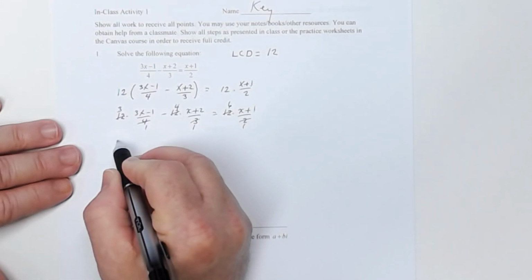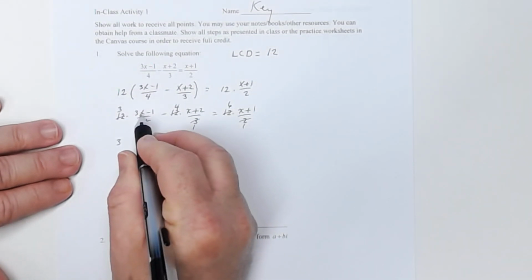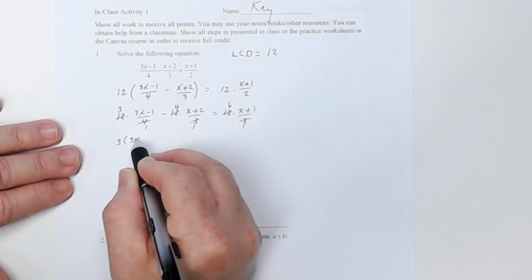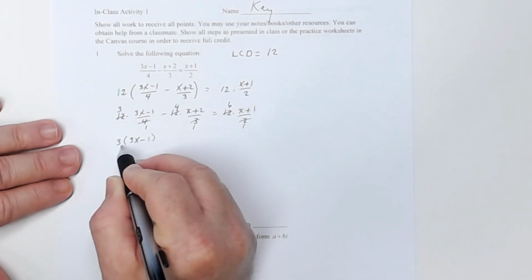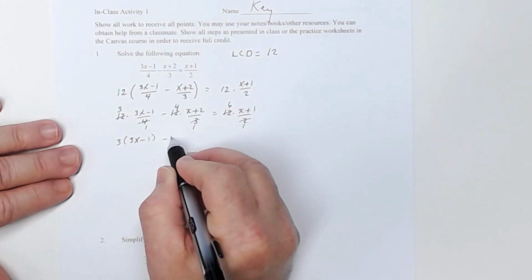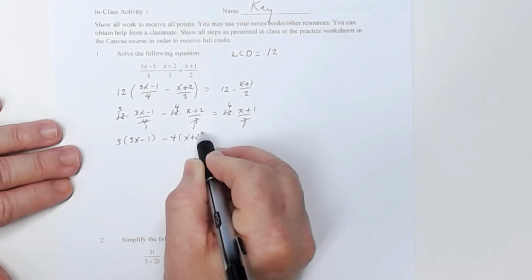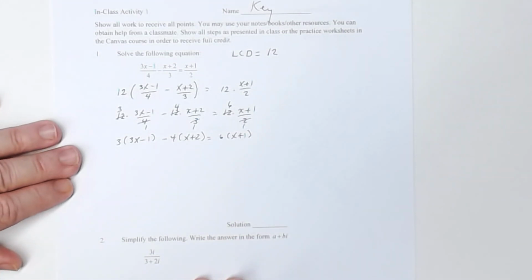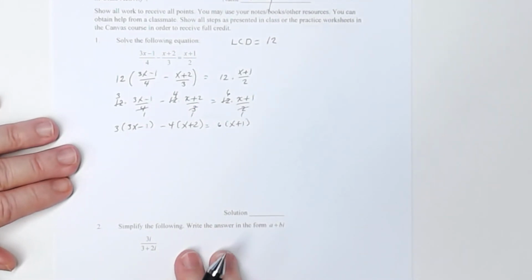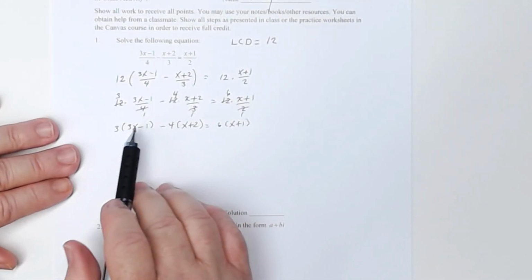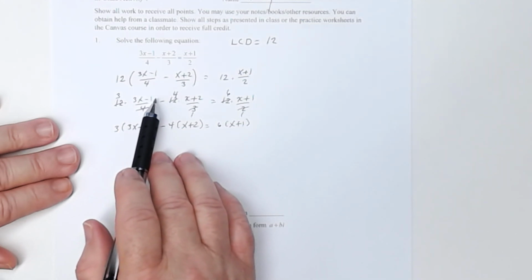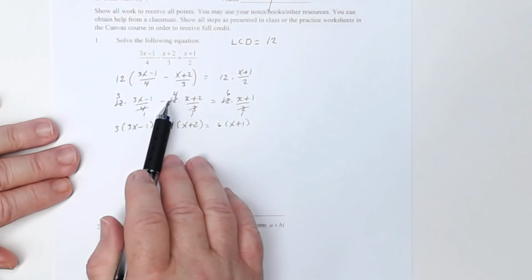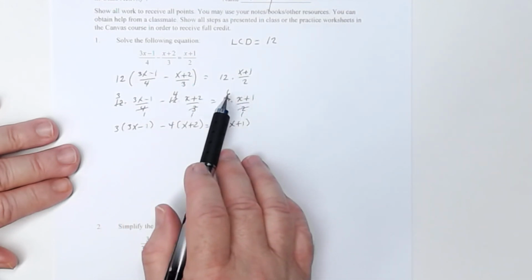So what you should do is this: everything in that numerator is being multiplied by 3, so put parentheses again. (3x minus 1) times 3, same thing here, minus 4 times (x plus 2), equals 6 times (x plus 1). That will help make sure that you don't forget to multiply the negative 1 by 3, the positive 2 by the negative 4, and the positive 1 by 6.